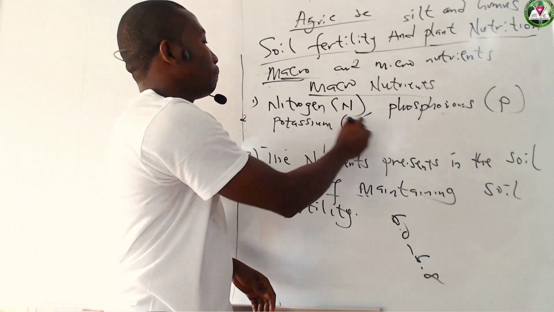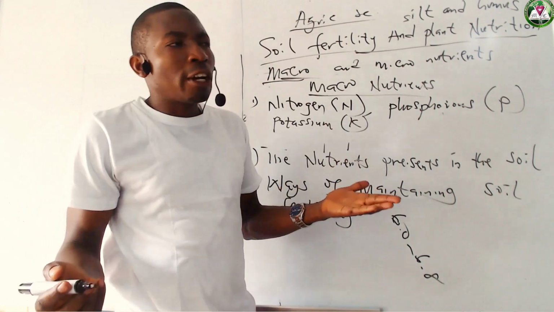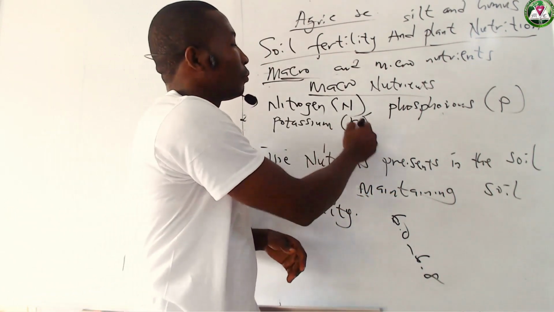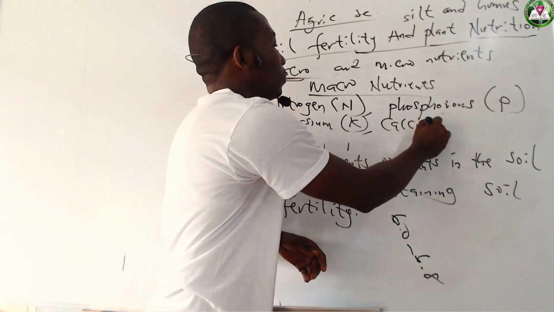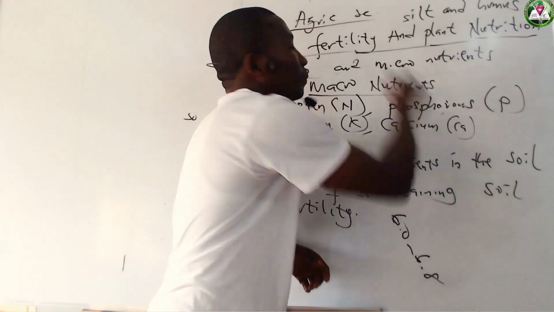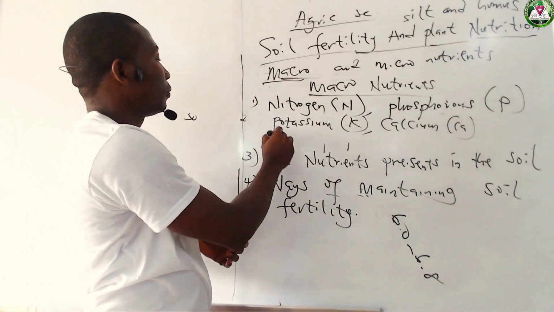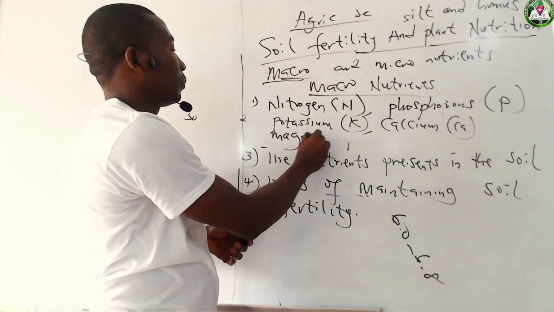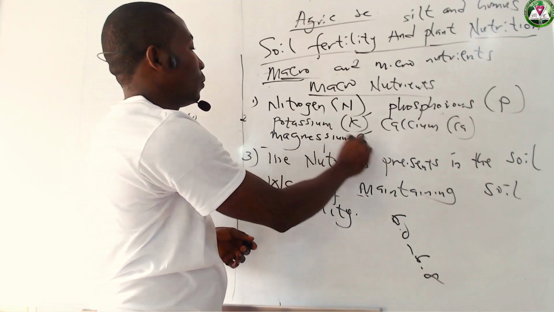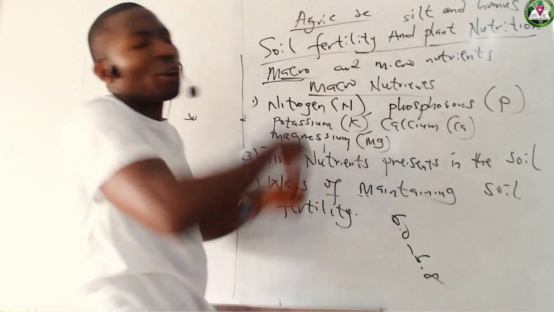Potassium, K. We probably have another one, that is your calcium, your Ca. We probably have another one, and that is your magnesium, your Mg. And a whole lot of them.